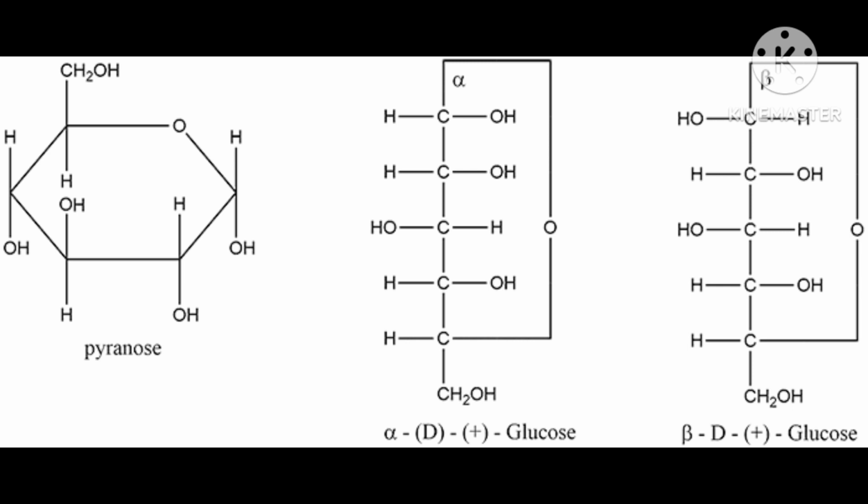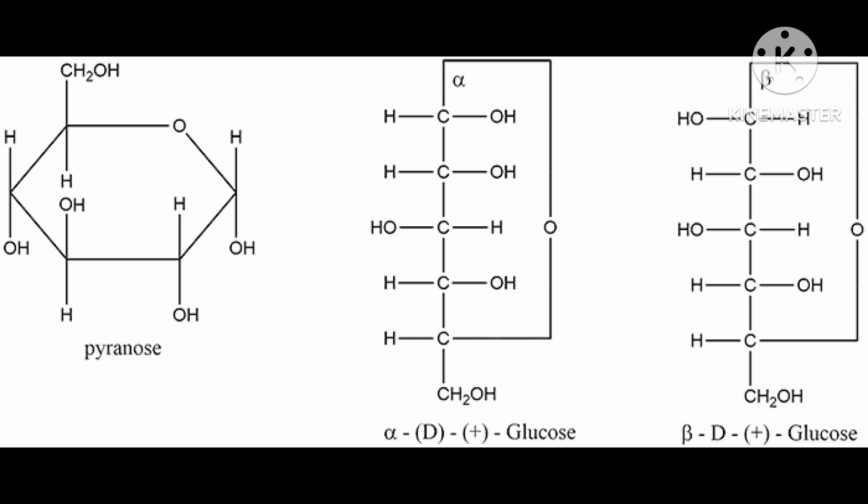Only 1 OH, that of carbon number 3, is at the left side, and the other OH are at the right side. And where OH is there, opposite to that H is there. Now I will continue from this structure. This structure will help you to understand the cyclic structure of glucose.